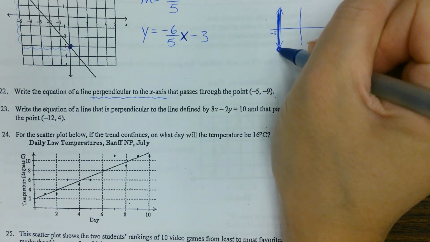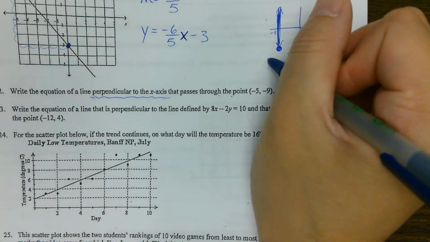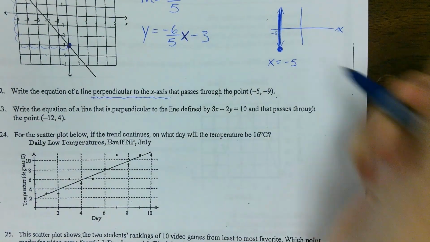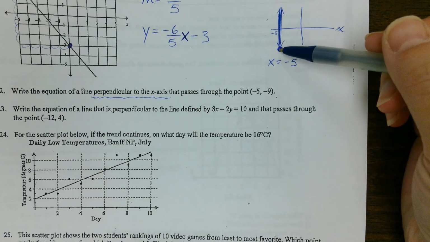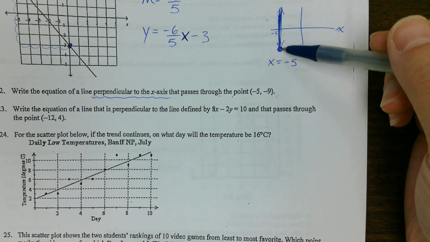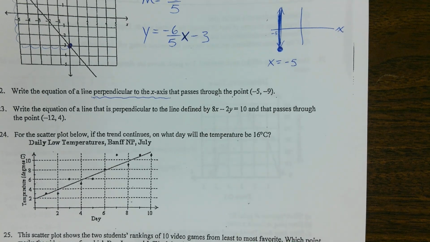So like right here, let's just say. That x value is -5. So no matter where that point is on this vertical line, your x value is always -5.